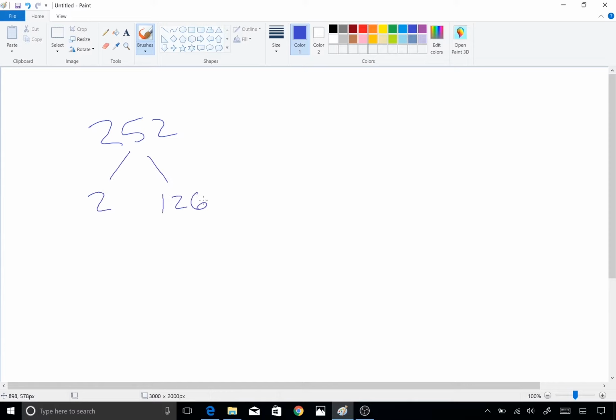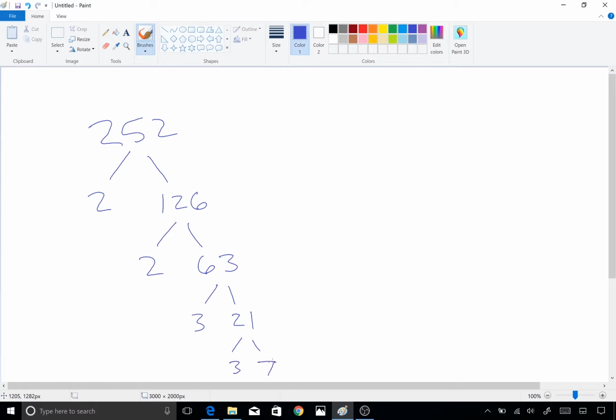126. 126 is even, so I'll divide that by 2. 2 times 63. I can't divide by 2 anymore, so let me try 3. 63 divided by 3 is 21. 21 is not even. 21 divided by 3 is 7, and 7 is a prime.